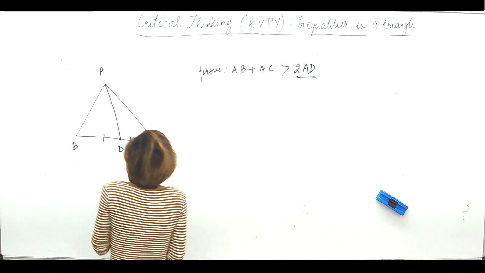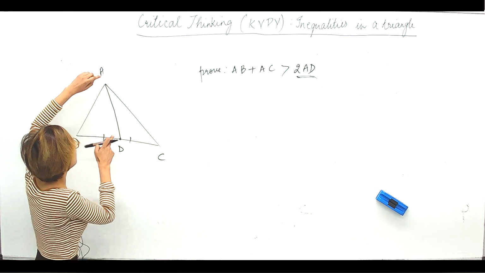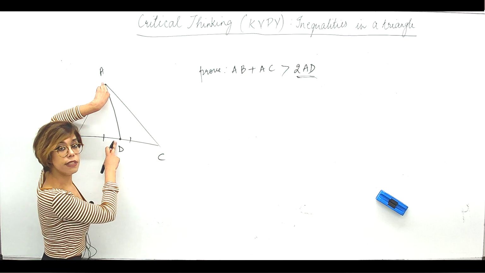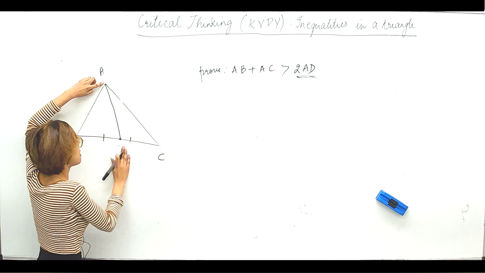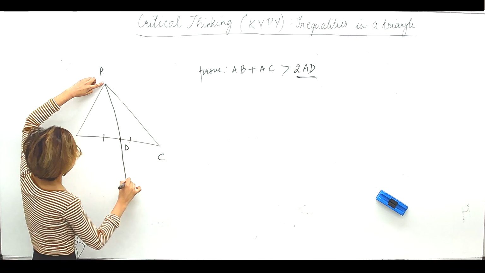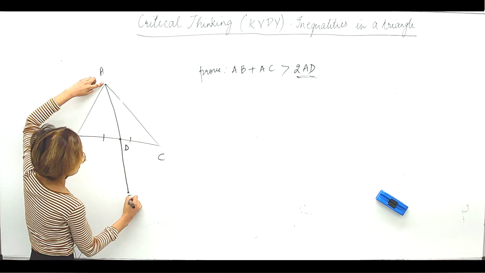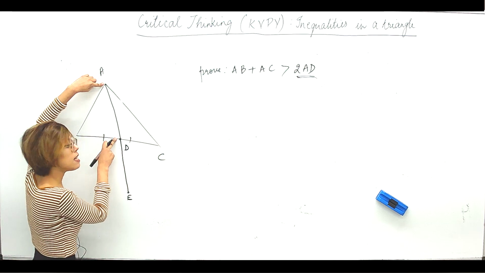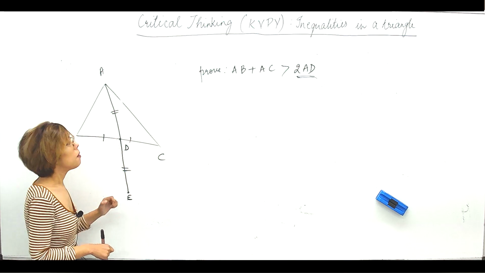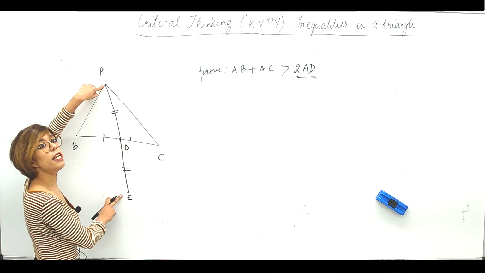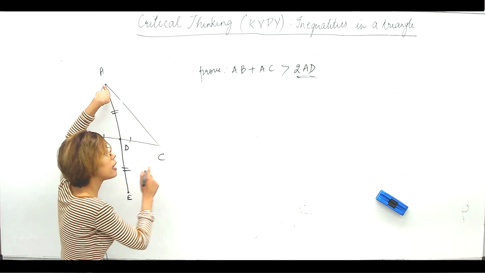I need the length 2AD. I have AD. I need twice of it. So what I'll do is, I'll extend this. Extend AD to a point E such that AD is equal to DE. Because this length, AE, will be 2AD.